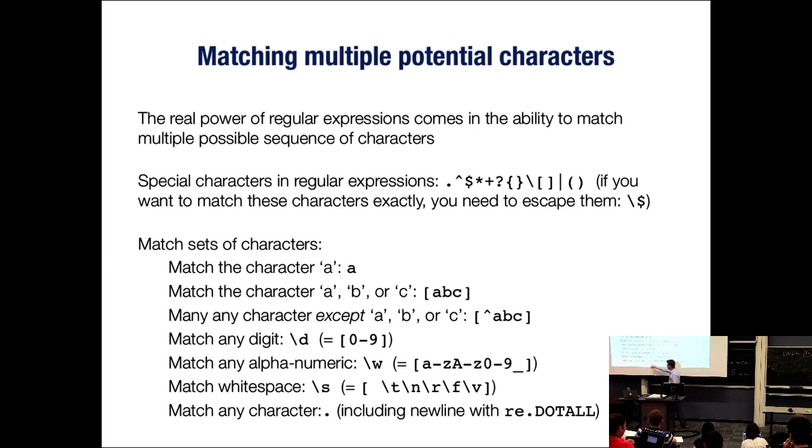And the period is actually match any character, though be careful. The period will not match new lines. So if you want to have matches that span multiple lines, you actually need to pass an extra parameter to all your regular expression calls, which is called re.DOTALL. That will make the dot also match new line characters.